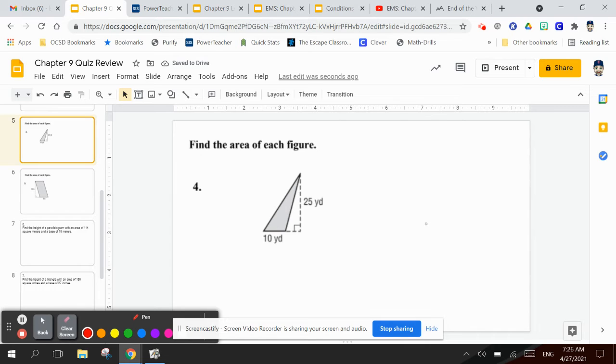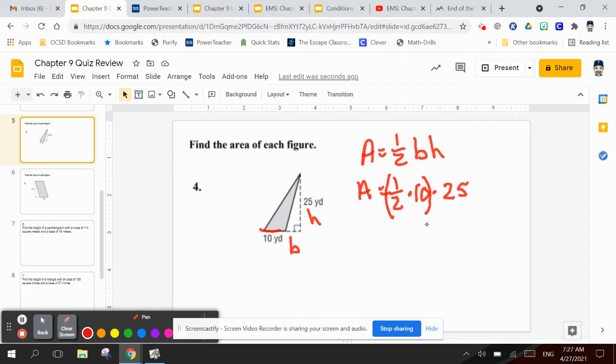Again, here's the area of a triangle. Area equals 1/2 times the base times the height. Here's my base, here's my height, there's my angle. So 1/2 times 10 times 25.